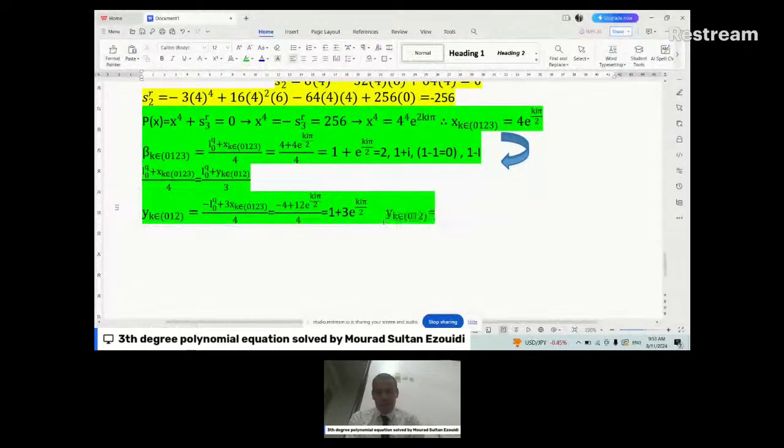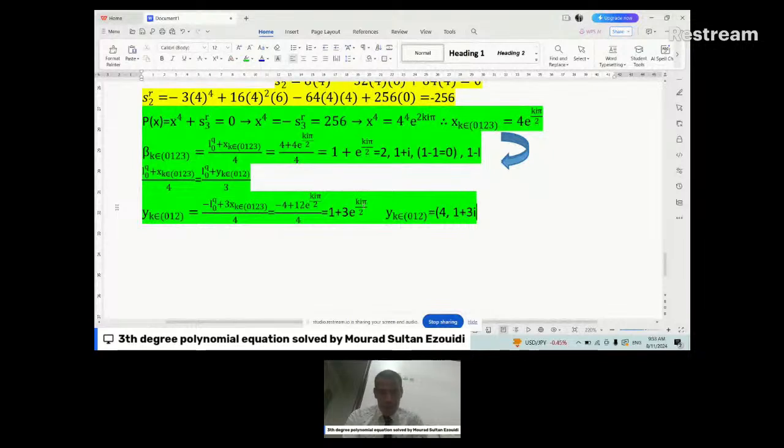the first one, when k equals 0, I will write them into brackets. It will be 4. Then when k equals 1, it will be 1 plus 3i.